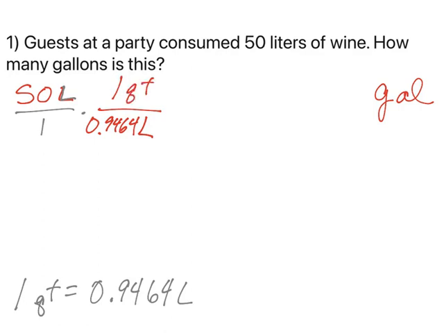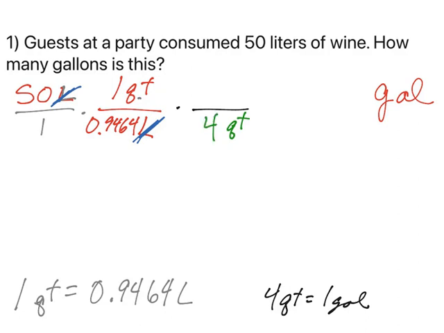So here, the liters will cancel out, and now my units are in quarts. Well, I don't want to be in quarts. I want to be in gallons. And we know that 4 quarts equals 1 gallon. To get rid of quarts, I need them to be in the denominator, so the units cancel out. So I'm going to have 4 quarts on the bottom and 1 gallon on the top.